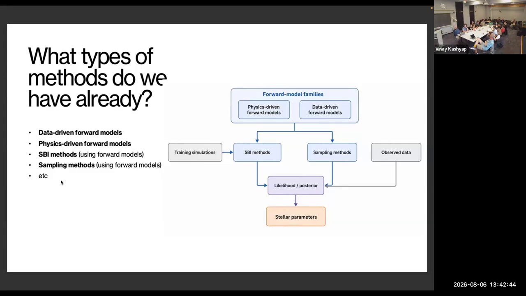Okay, can I ask? So I don't quite understand the difference between a physics-driven and a data-driven model. Maybe I should say, physics-driven is where we're using stellar evolution code. First we sample from our prior, we use stellar evolution code and then atmospheric codes to sample an SED, and it's all from the perspective of numerical simulations.